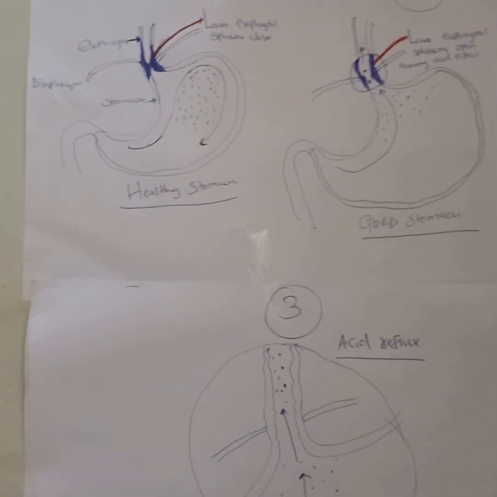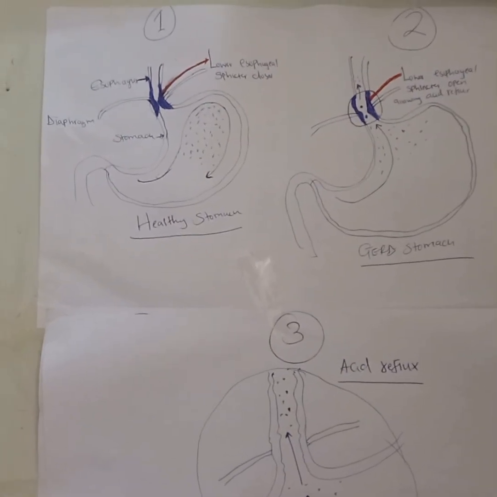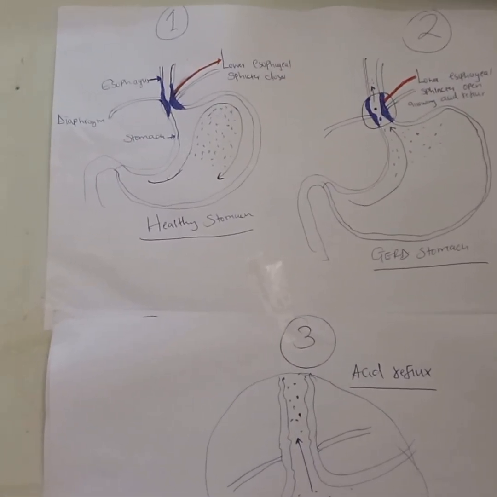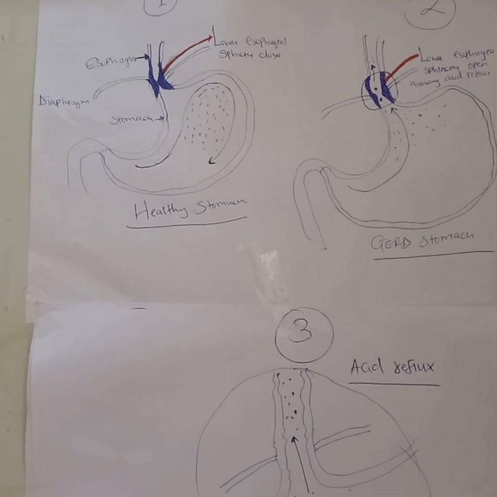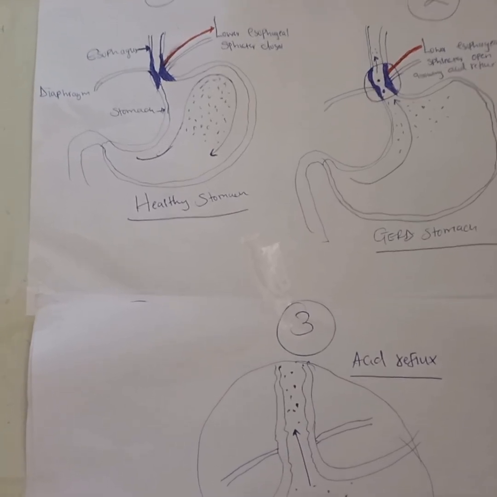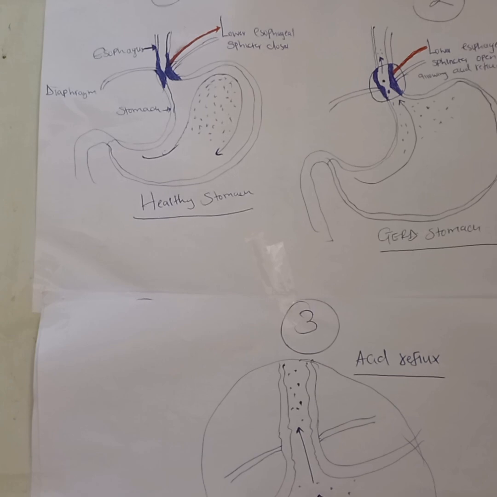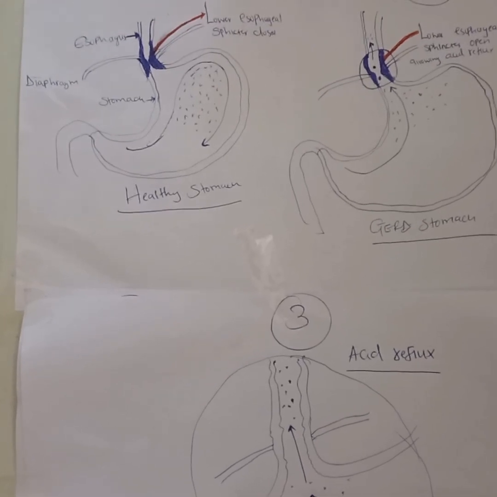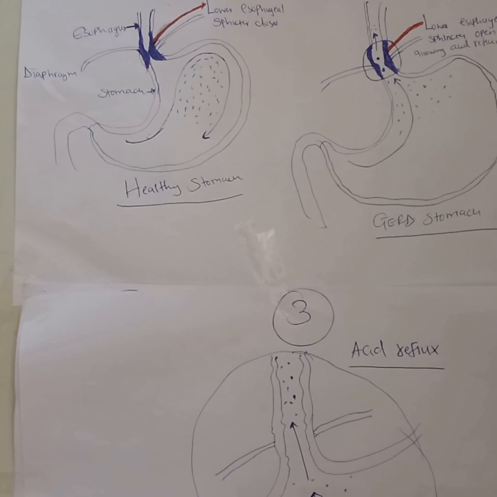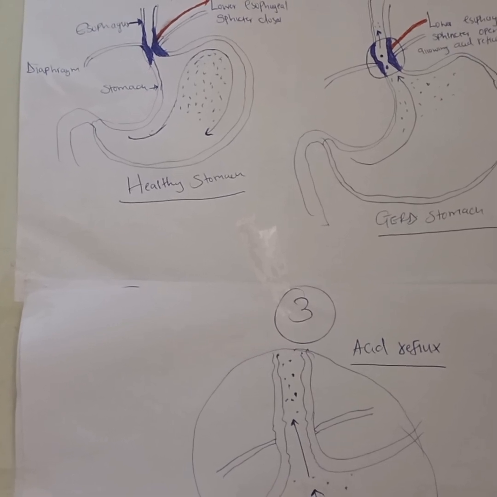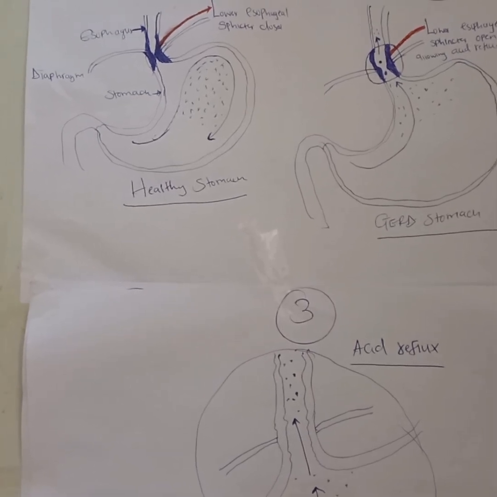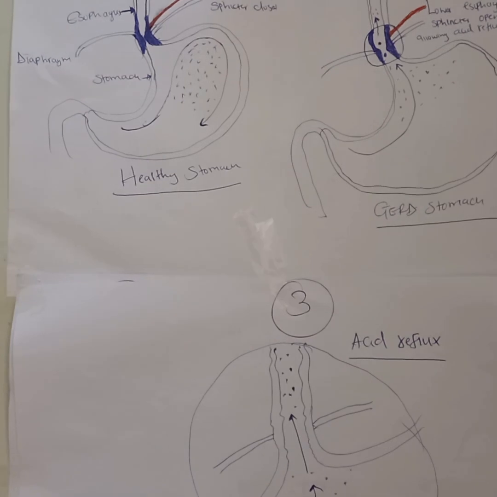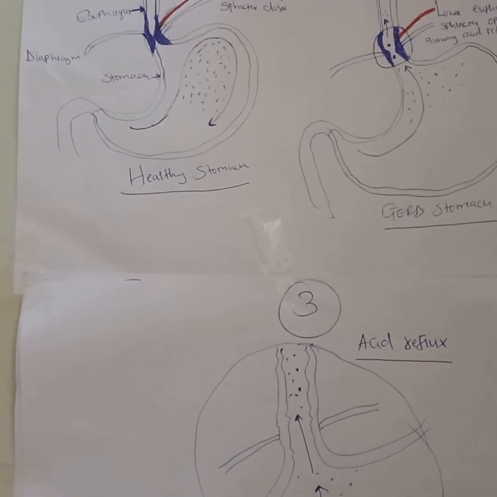All acid reflux and GERD conditions are supposed to be managed. Some can be managed at home, but severe cases should be managed at the hospital. Up to this point, we have looked at what causes acid reflux and some common causes.